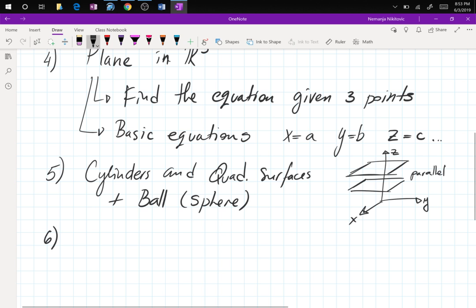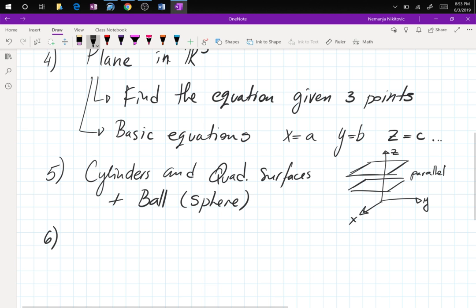That could be it. You don't have to go crazy memorizing all of the quadratic surfaces and all of that kind of stuff. I mean, you can, it's beneficial, but it's not really determining whether you pass or fail the test, whether you memorized all of the equations or not.